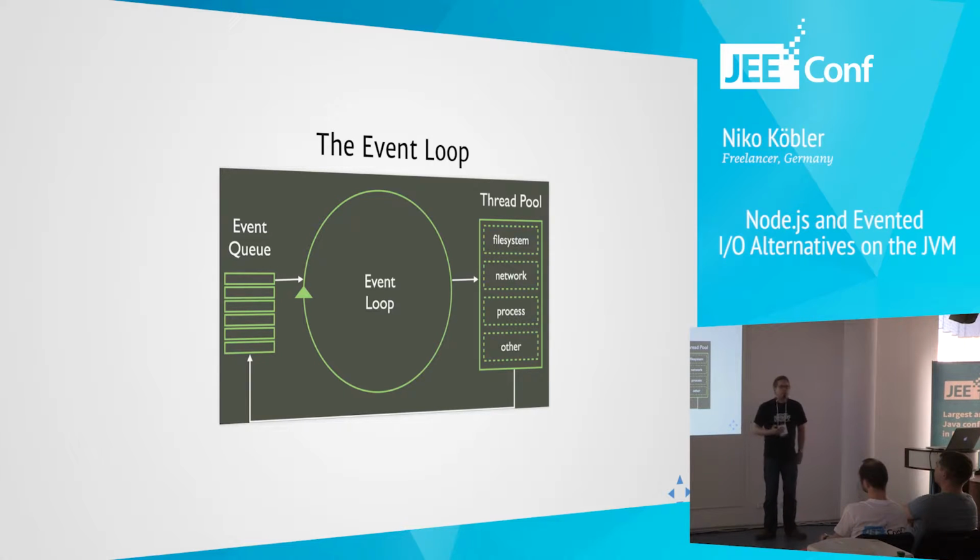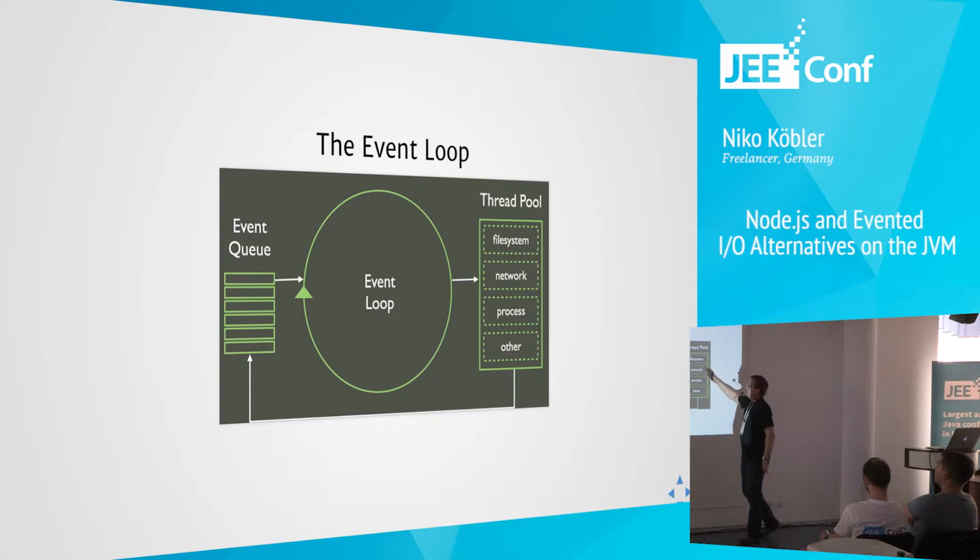In traditional servers, you have a request, and for each request, you have a thread. Node.js handles this with an event loop, able to handle multiple requests with only one thread, one event loop, putting these events to a thread pool for executing in other threads.